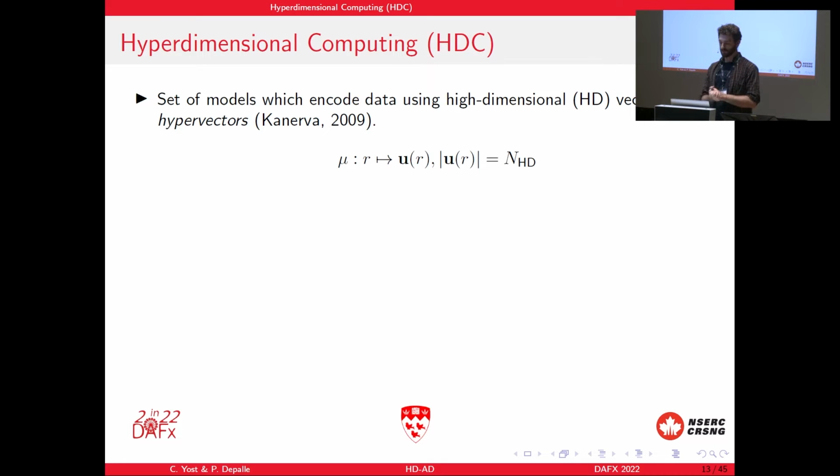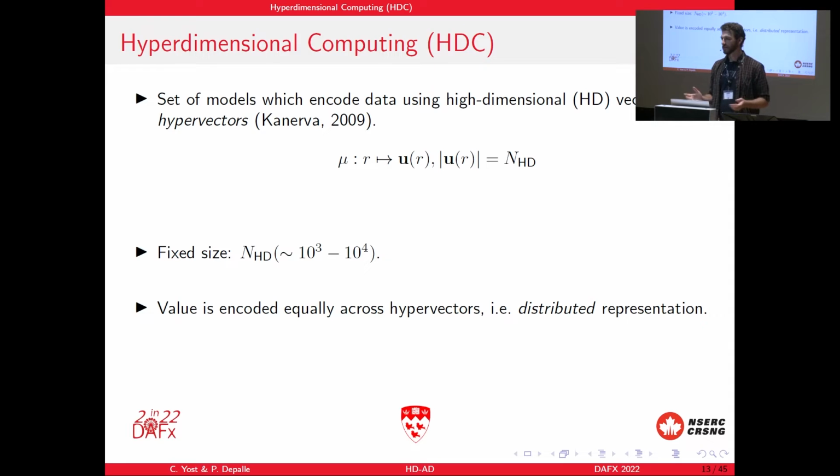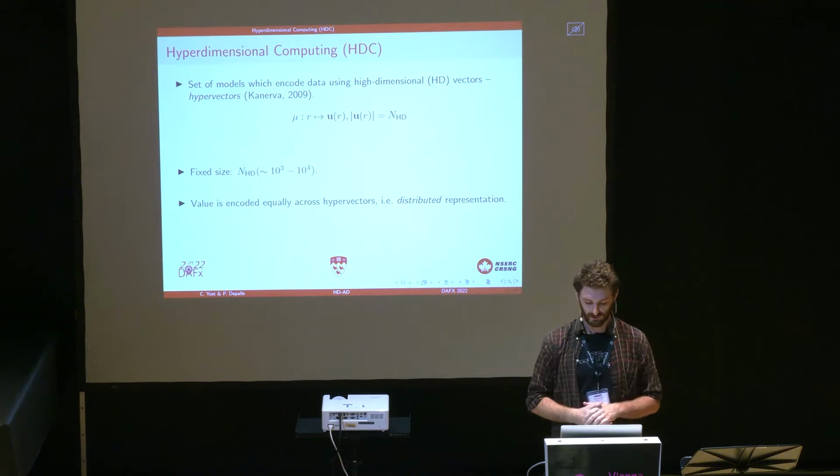This can be conceptualized by a map mu, which maps some value r into this hyperdimensional space, which has size n_HD, and it's typically between 10^3 and 10^4. A very interesting property about these HD encodings is that the value being encoded is encoded equally at each position of the hypervector, in which case it becomes a distributed representation.